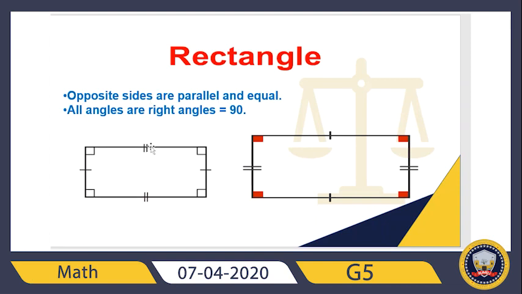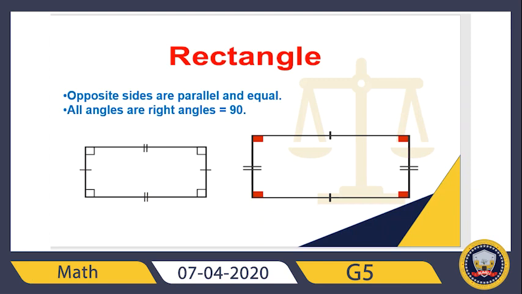So how can I say that this is a rectangle and not a parallelogram? Because the rectangle has another property. What is the other property? That each angle equals 90 degrees. So the two opposite sides are equal and parallel like the parallelogram, like its brother, but it also has another property, which is that each angle inside the rectangle equals exactly 90 degrees.